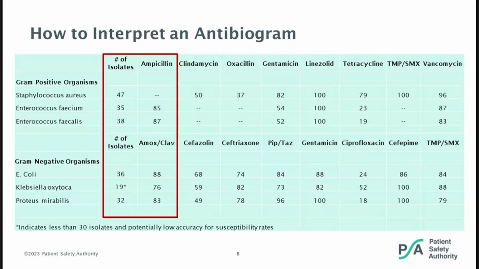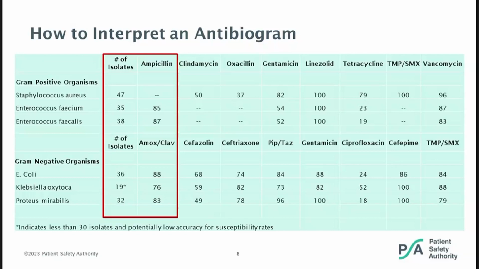So when you go across the row, you have your pathogen or organism, and then in the columns, you have your normally used antibiotics for those particular organisms. And then as you go across the row and down the column, you're going to see a numeric value, or you may see dashes.